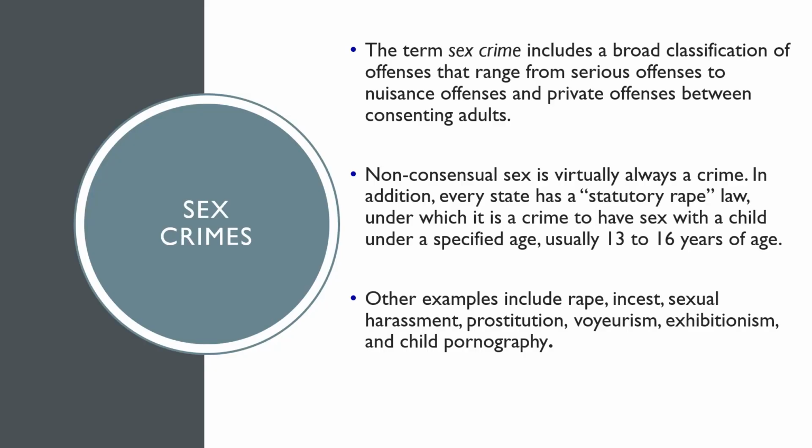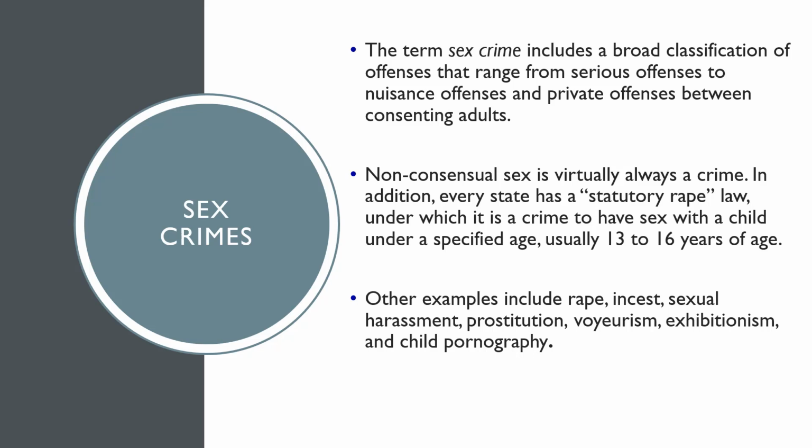All right, sex crimes. The term sex crime is a very broad classification. One of the things that starts to happen is as the 19th and 20th century progress, we have more of an understanding of the role of non-consensual, of underage, of sexual contact that in the past was, to put it charitably, excused.